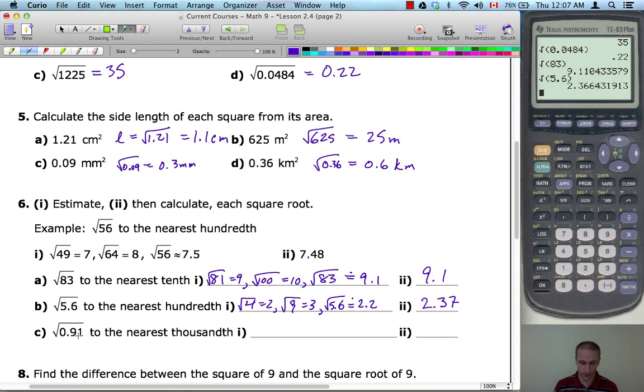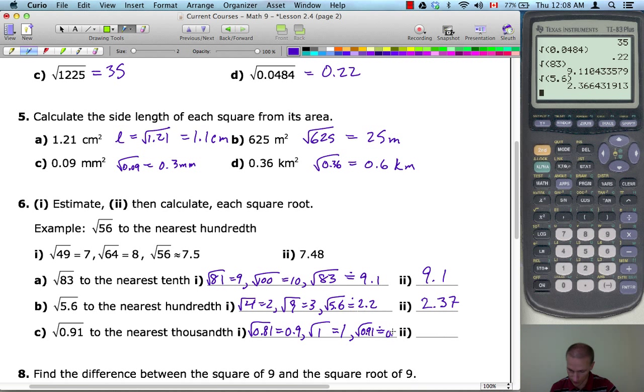And last one, 0.91, its square root rounded to the nearest thousandth. So if you take a look at the square root of 0.81, that would be 0.9. The square root of 1 is 1, so the square root of 0.91 should be somewhere in between. Now it's probably a little bit closer to 1 than it is to 0.9, so I'm guessing maybe 0.96.